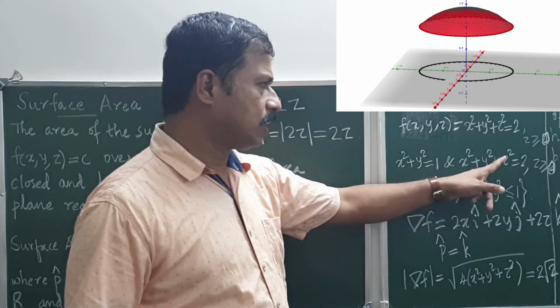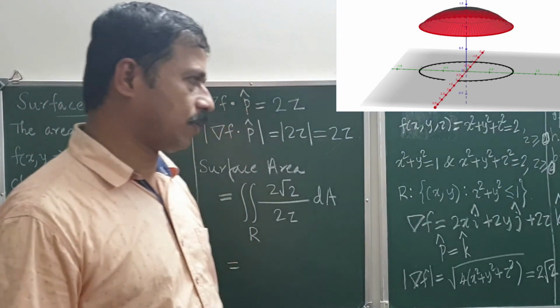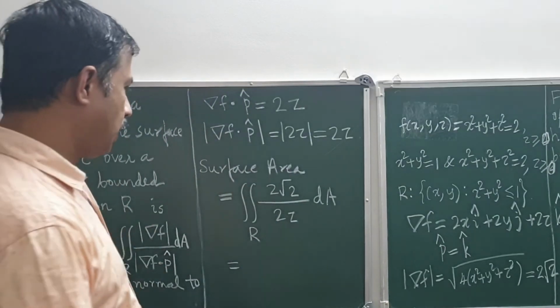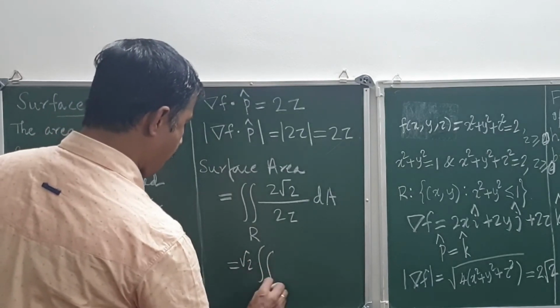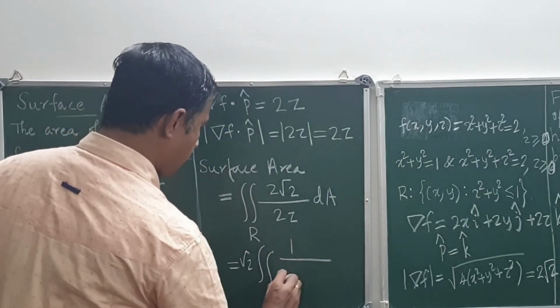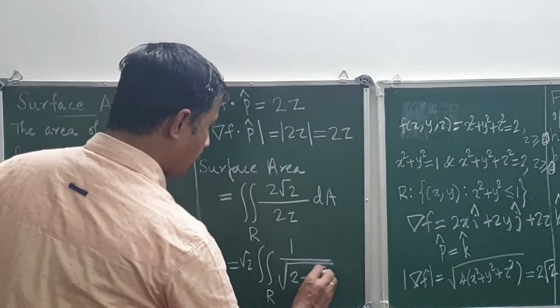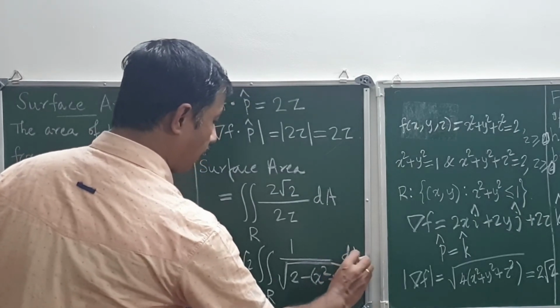So from here, z square is equal to 2 minus (x square plus y square). So z will be square root of 2 minus x square plus y square. So this is 1 by square root of 2 minus x square plus y square, dA.